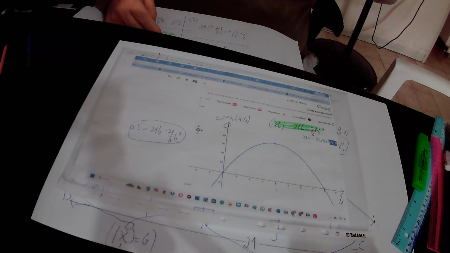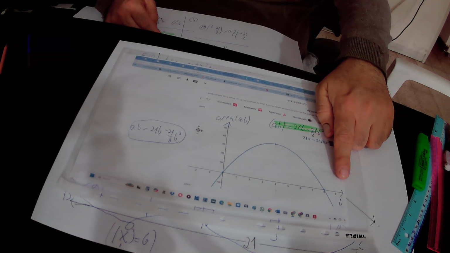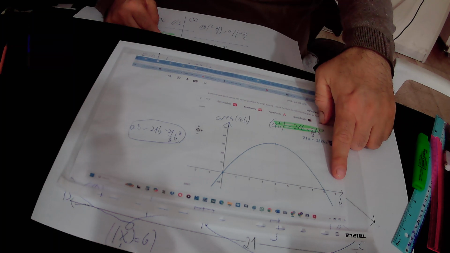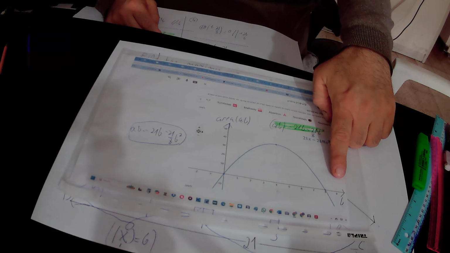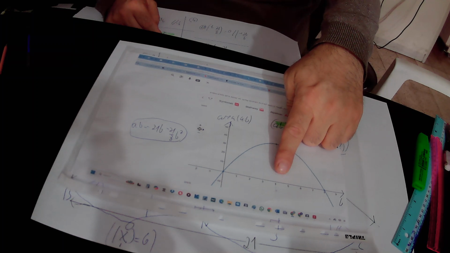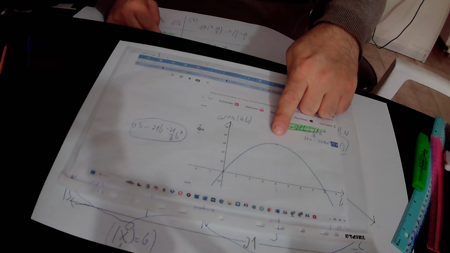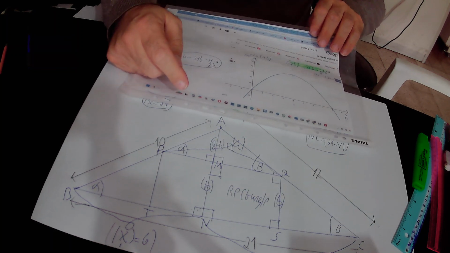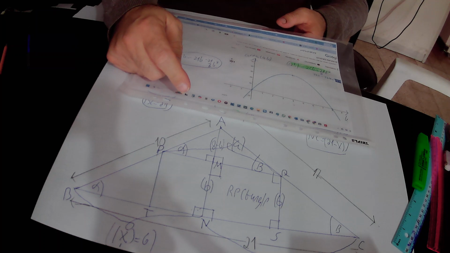And you can see that when b equals 4, then the area is at its maximum value.